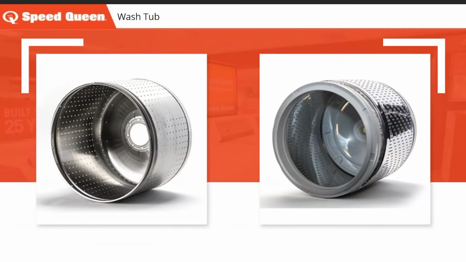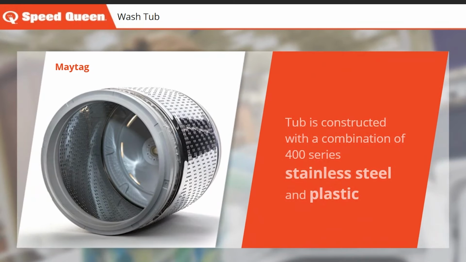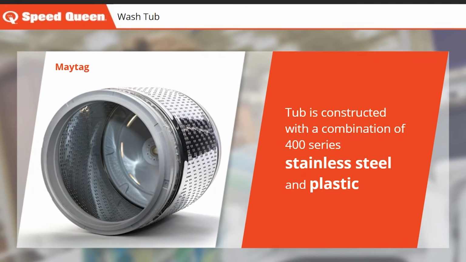Let's now compare the wash tubs. The Speed Queen TR7 wash tub is made of premium stainless steel with a lifetime warranty, whereas Maytag's tub is made of both stainless steel and plastic and has a 5-year warranty. Maytag's wash tub is constructed with a combination of 400 series stainless steel and plastic. 400 series stainless steel is susceptible to rust, and plastic can get pitted and sharp over time and damage clothes.